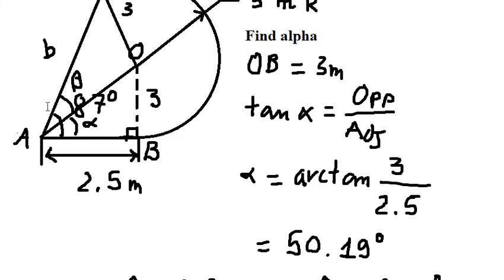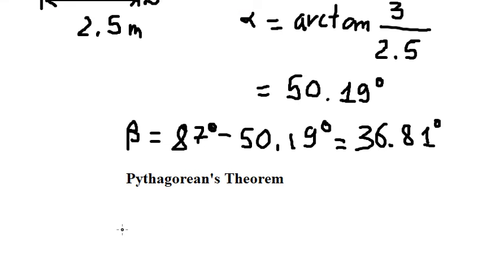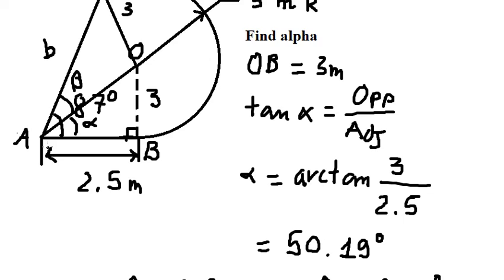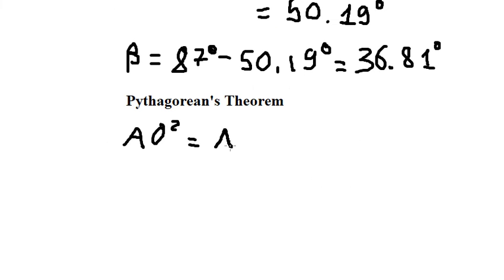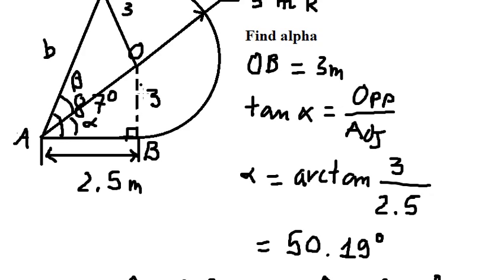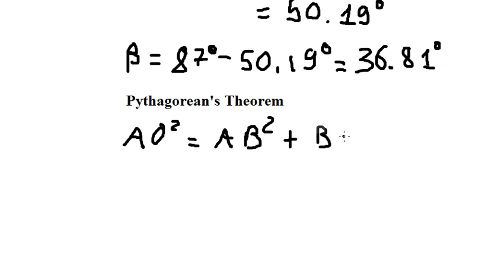So AO square equals AB square plus BO square, and this is for triangle ABO.